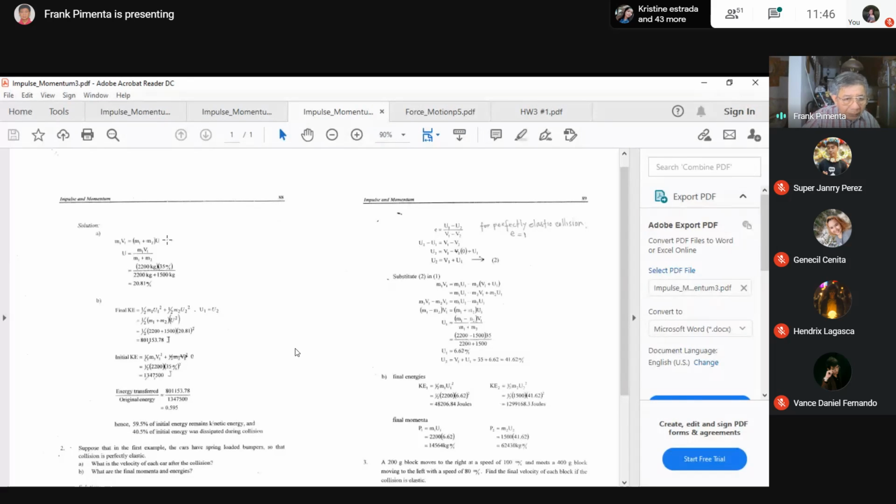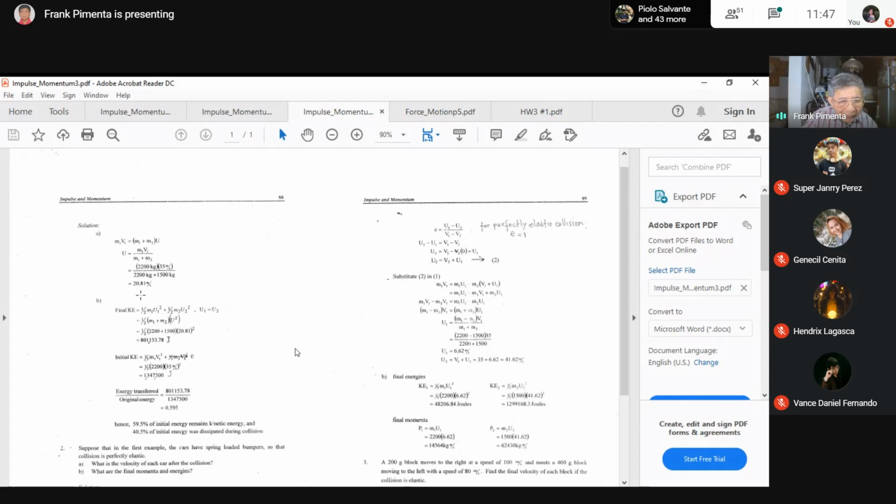So for letter A, the equation for the final common velocity can be taken from this. It is M1V1 divided by M1 plus M2. And we have 22,000 times 35 divided by the sum, 2,200 plus 1,500.